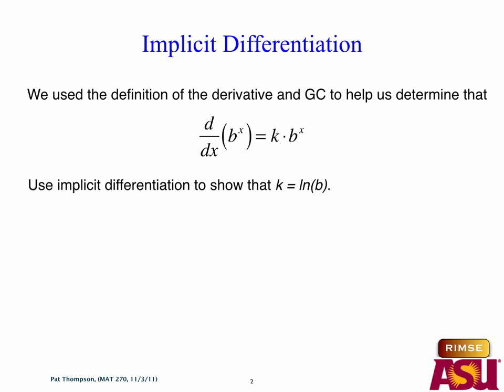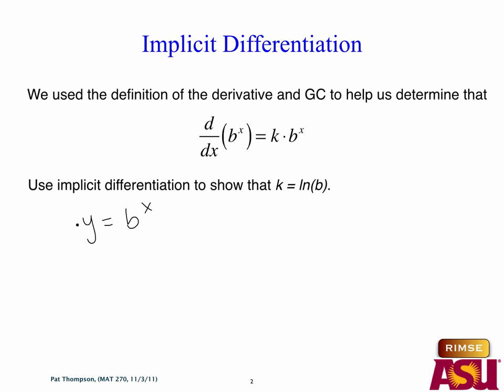I just gave you a rule and said, oh, that constant is the natural log of b. But we never actually proved it to ourselves. So I want to show you how implicit differentiation can actually help us prove that that constant is the natural log of b. Okay, so we're going to start with an equation, y equals b to the x.